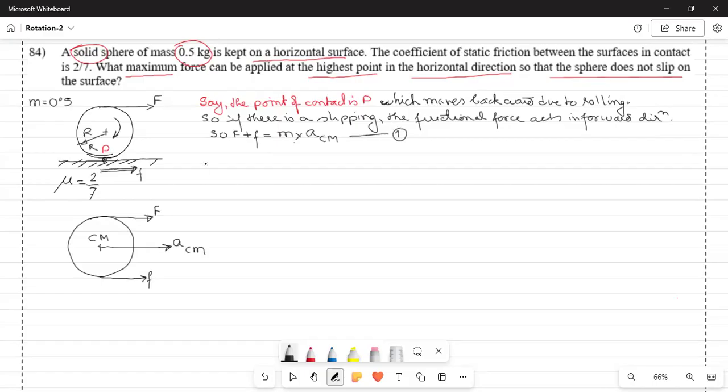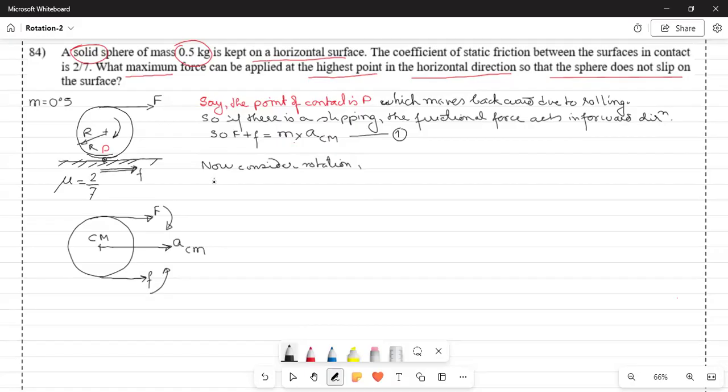Now consider rotation. Capital F applies a clockwise torque, and small f applies an anti-clockwise torque. Of course, for rotating, capital F has to be more.